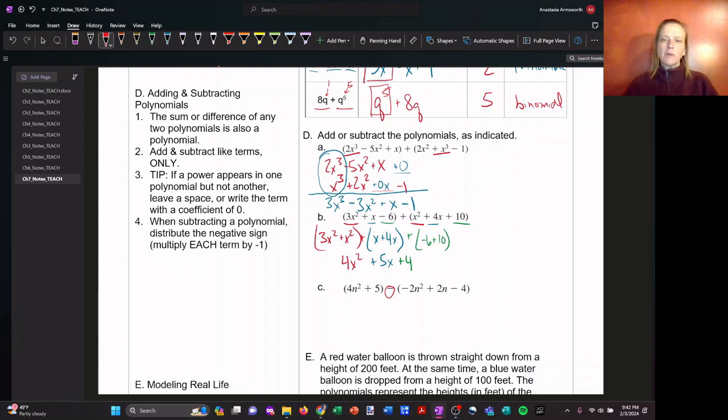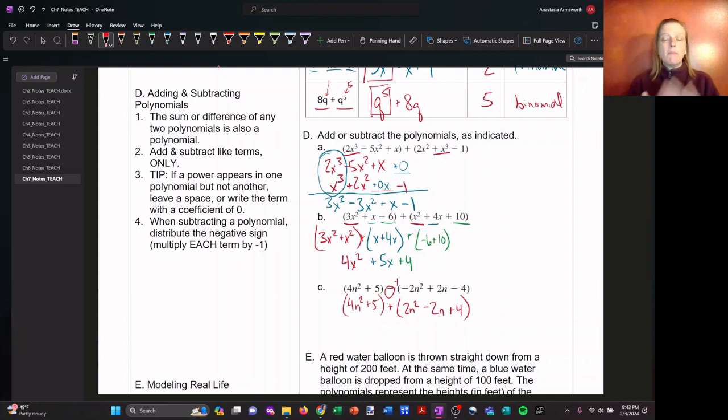So I'm going to have 4n squared plus 5 as my first polynomial. But I'm going to add, and now I'm going to do -1 times everything inside the parentheses. So -1 times -2n squared is +2n squared. -1 times 2n is -2n. And -1 times -4 is +4.